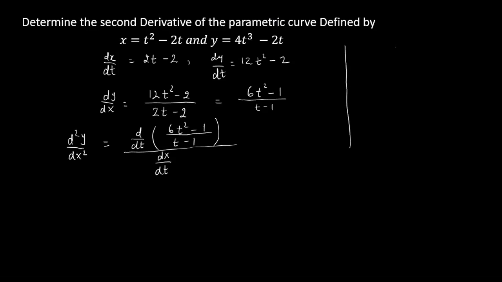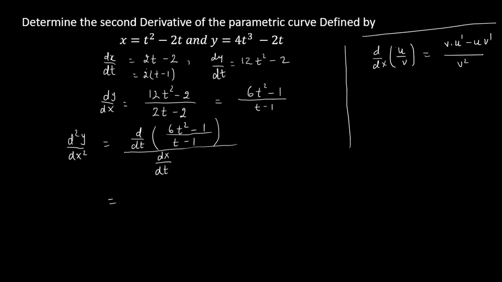Sorry, here we use the quotient rule, which is: the derivative of u over v is v times the derivative of u minus u times the derivative of v, all over v square. This is called the quotient rule. Here we use the quotient rule, and dx over dt we have already found. This is 2 times t minus 1.